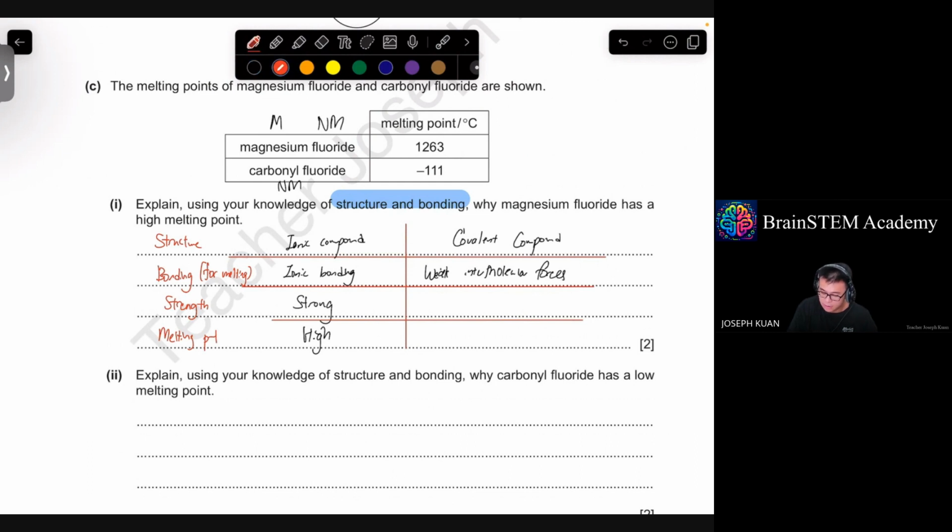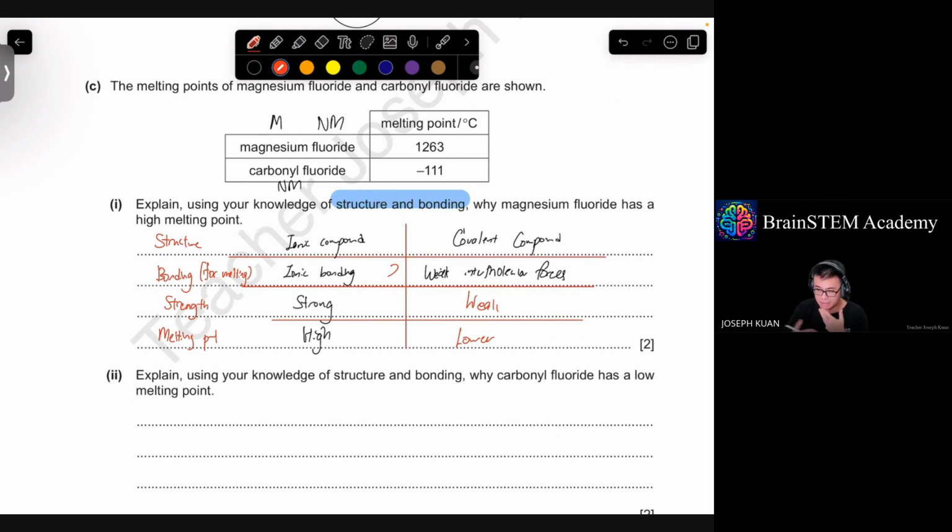As you can see, the strength of ionic bonding in the magnesium fluoride is stronger than the weak intermolecular forces in the covalent compound. Hence, the melting point is lower for the covalent compound as compared to the ionic compound. All right. In exam, of course, you can't draw a table. I'm just drawing the table to show how you compare these two compounds.